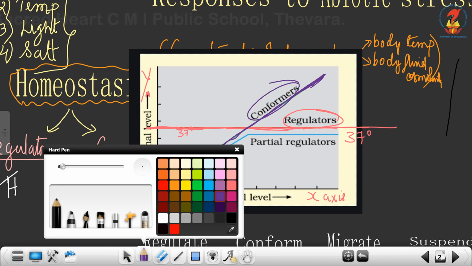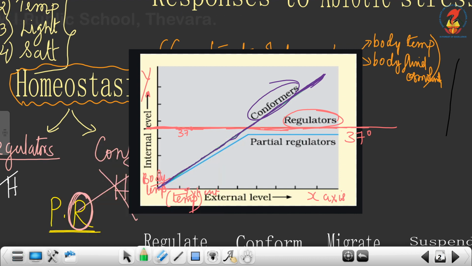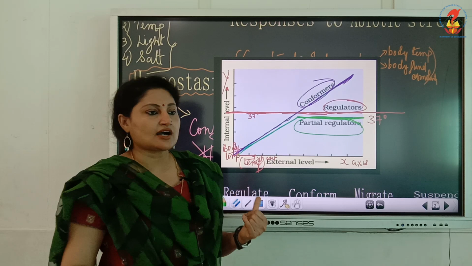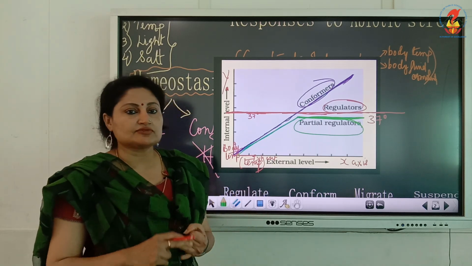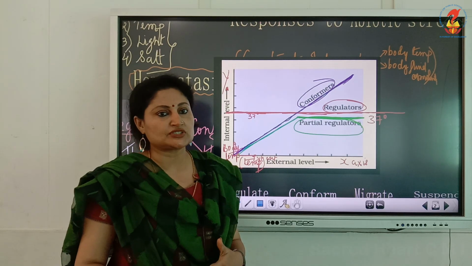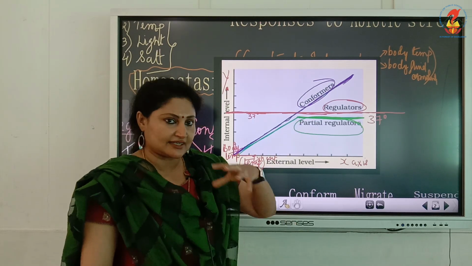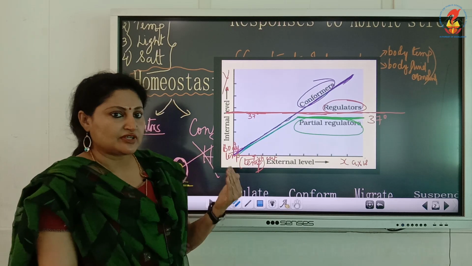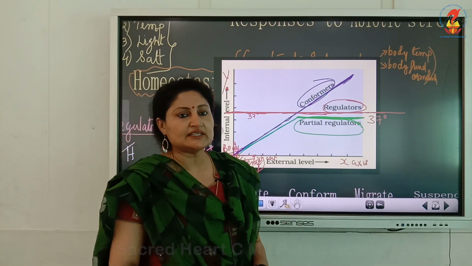And as I told you, the third category of organisms are the partial regulators. They regulate up to a certain level. Till here they maintain a constant temperature, but beyond which they simply conform. So that's the third category called the partial regulators. This is a graph depicting regulators, conformers and partial regulators, whether they have the ability for homeostasis or not, and the third category is like a hybrid form showing a bit of the ability of homeostasis, after which they simply conform.